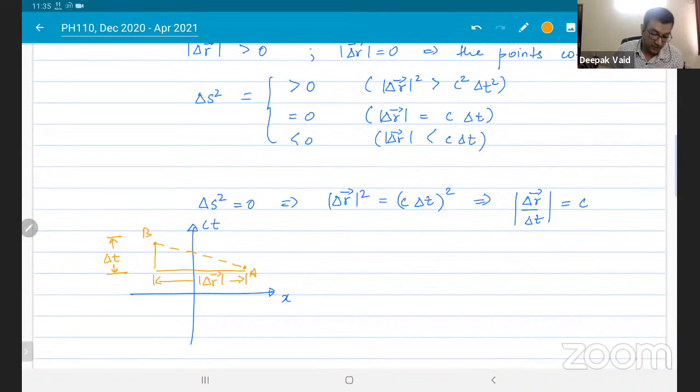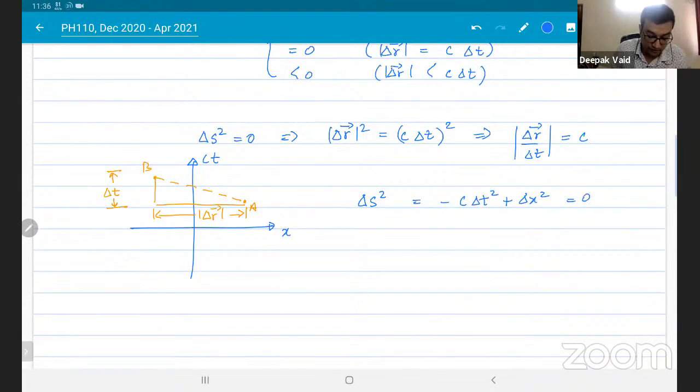And delta r by delta t is equal to the speed of light. It's equal to c, right? So for a second, you can just forget about the y and z coordinates. Fine. Just think of delta s squared in terms of delta t squared plus delta x squared. And let's just say this is equal to 0. If this is 0, that means delta x by delta t is equal to c, right?